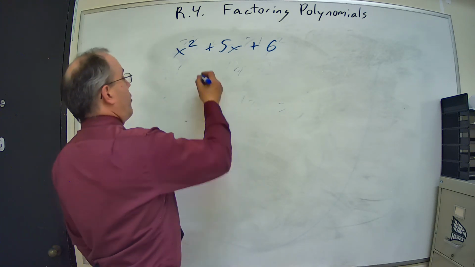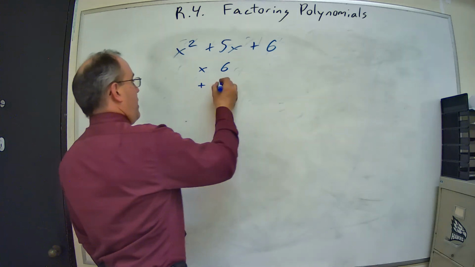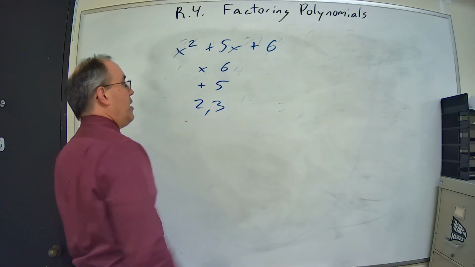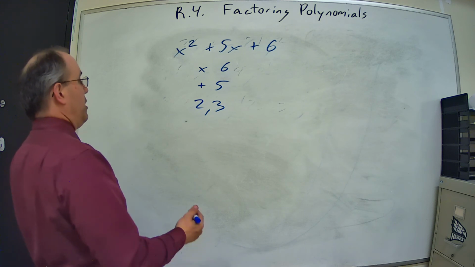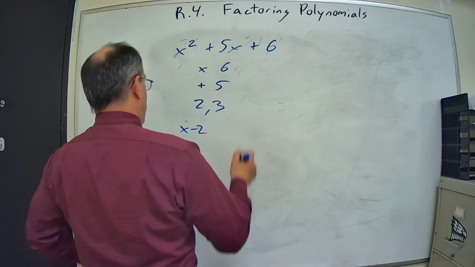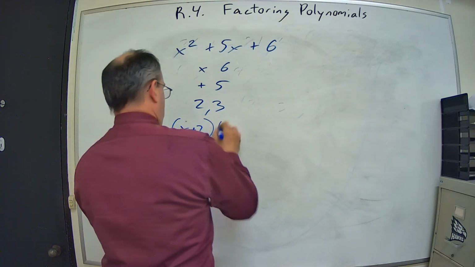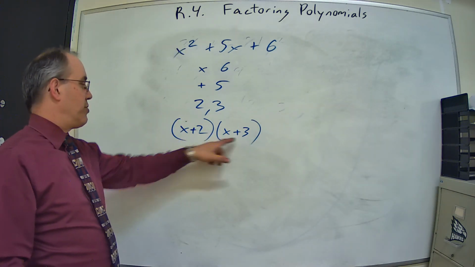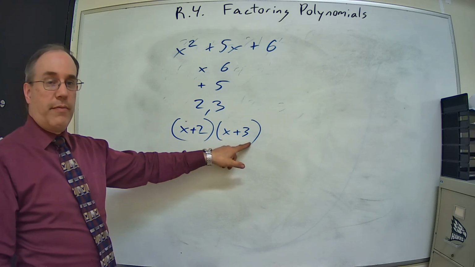So we're looking for two numbers that multiply to 6 and add to 5. In this case, those numbers are 2 and 3. And we can actually just break this up quickly and say that's x plus 2 and x plus 3. x squared plus 3x plus 2x gives you 5x plus 6. Don't believe me?